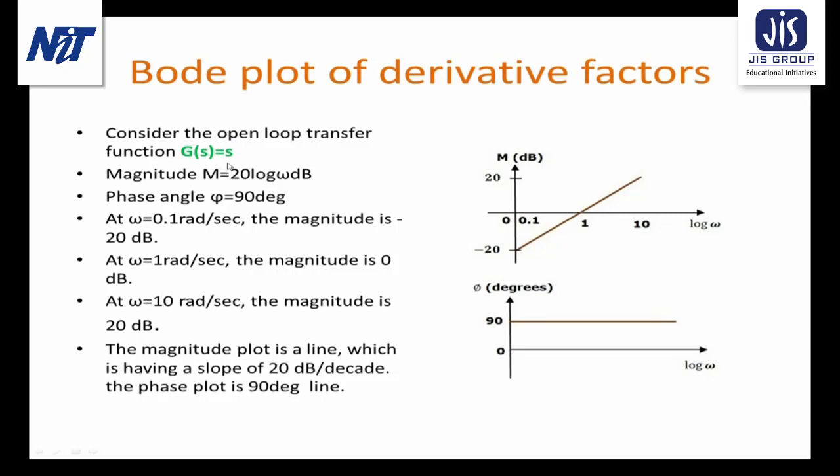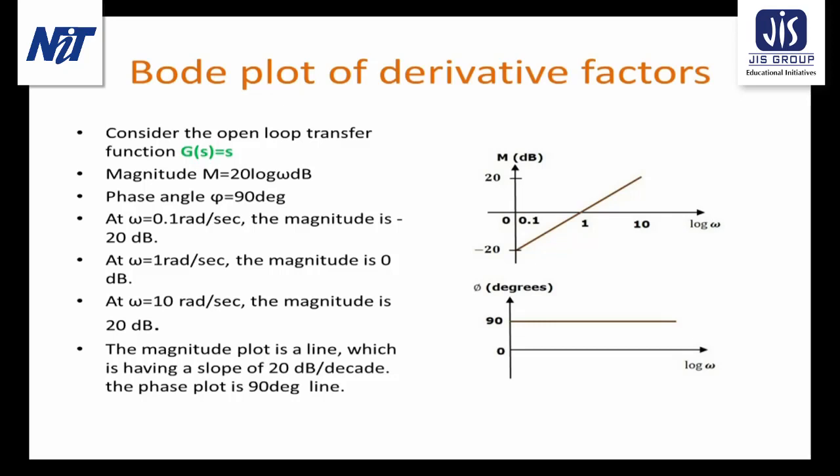So we can vary it from s to s to the power n. So if you know the Bode plot of one derivative factor, then easily we can find out the Bode plot of multiple derivative factors. So let us consider G(s) is equal to s to the power n. That means n number of zeros are located at the origin. And then what will happen?